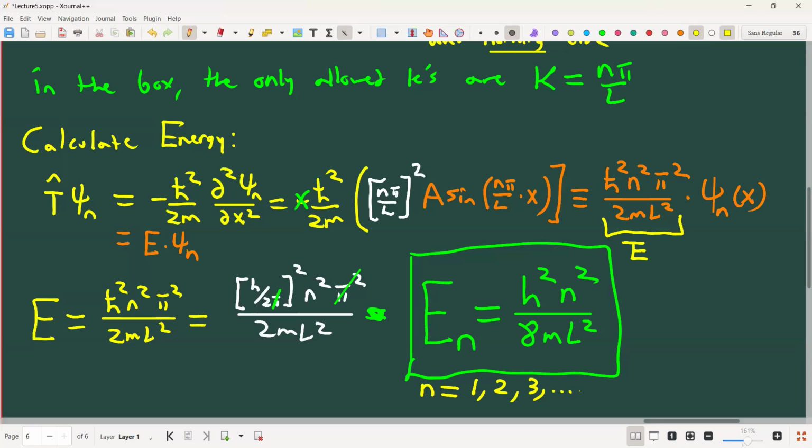It takes one factor of h squared over 8mL squared, that's where n is 1, or 4 factors of it, or 9 times this number, or 16, or 25, or 36, which are all the perfect squares.